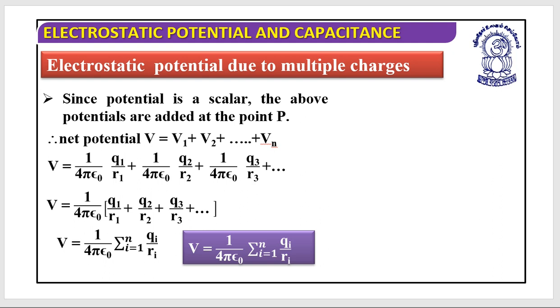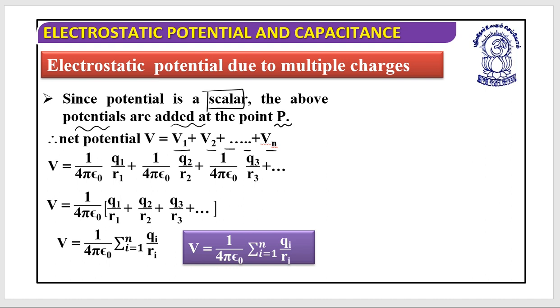You know that potential is a scalar quantity, yes? And when it is a scalar quantity, you just need to simply add it. So, let's add this potential at a point P. Net potential would be equal to the addition of all these: V1 plus V2 plus V3 plus V4 up to Vn.